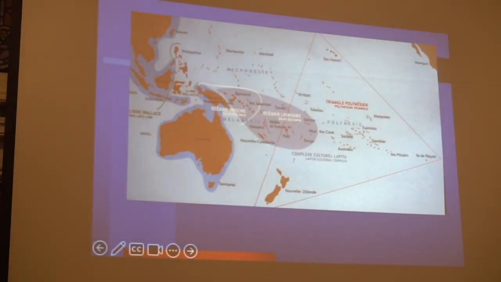Now, one of the ways that the pattern and the sequence of colonization of these islands was traced was through archaeology, and finding this sort of indicating type of pottery from a place on the northwest coast of New Guinea called Lapita.